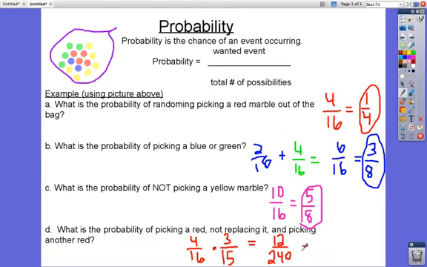Which can reduce. 12 can go into both those numbers. So 12 divided by 12 is 1. 240 divided by 12 is 20. So you have a 1 in 20 chance of picking a red marble, not putting it back, and then picking out another one.